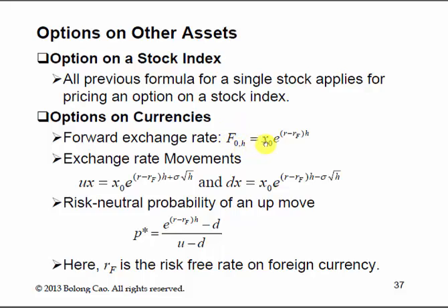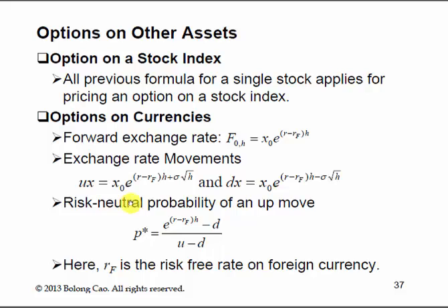If you think about the forward exchange rate, it's the spot exchange rate continuously compounded at the difference between the domestic rate and the foreign risk-free rate. The R capital F here is the foreign risk-free rate on the foreign currency. Obviously, the time period length is H here.